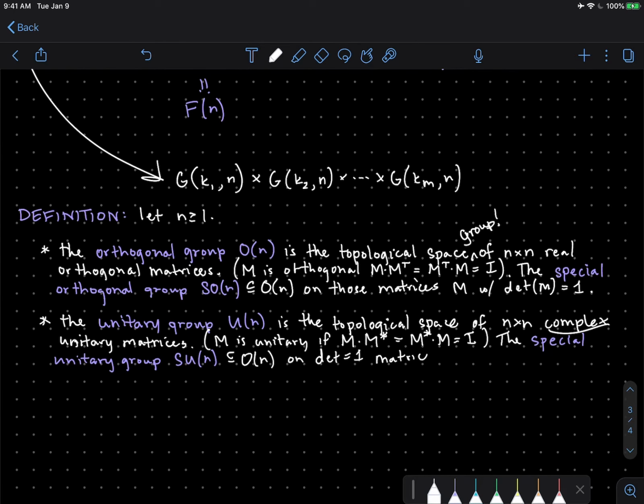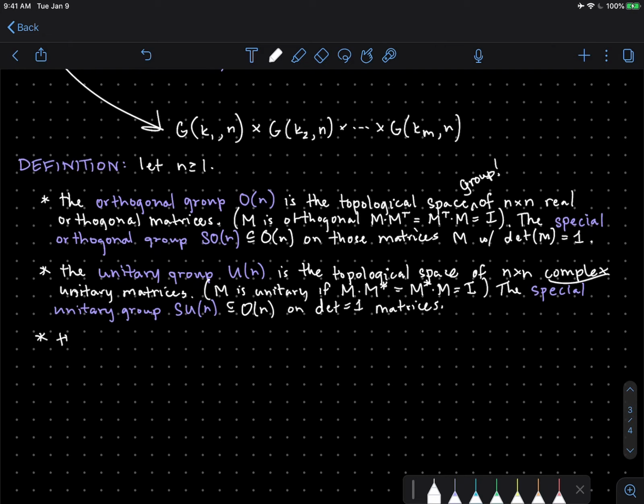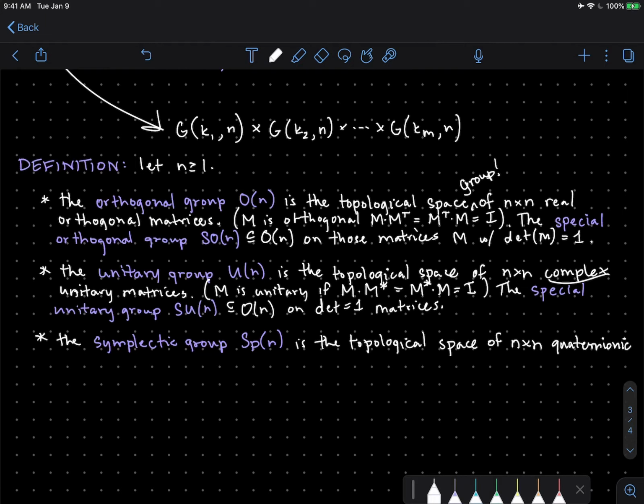And finally, we have the symplectic group, Sp(n). And this is the topological space of n by n quaternionic unitary matrices.